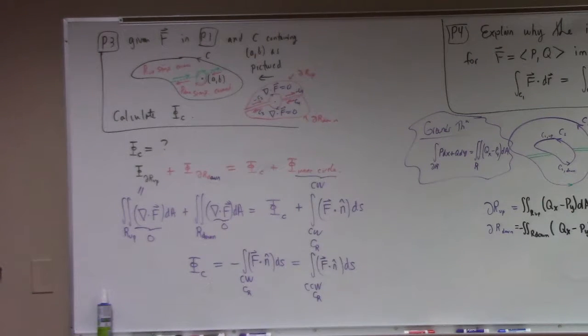This is an example of the deformation theorem. If the divergence of a vector field between two similarly oriented curves is 0, then the flux through the inner curve is equal to the flux through the outer curve.